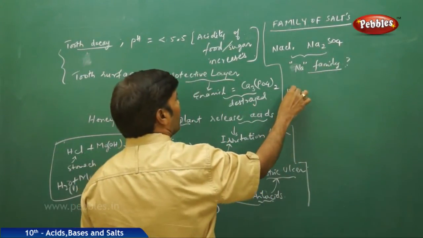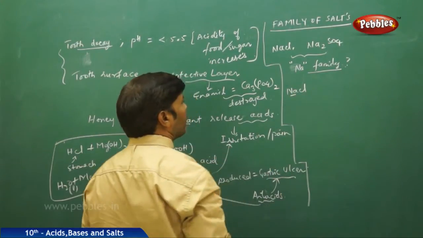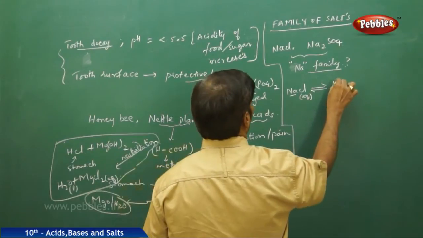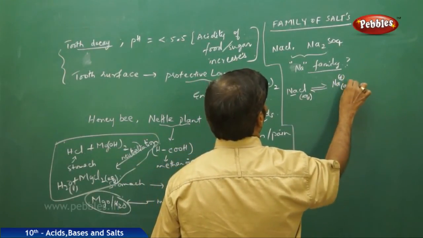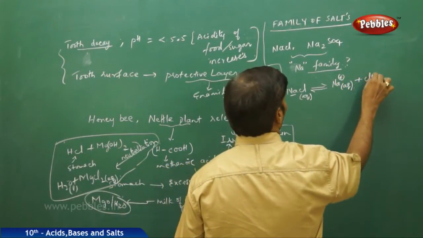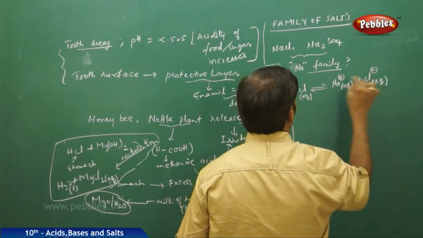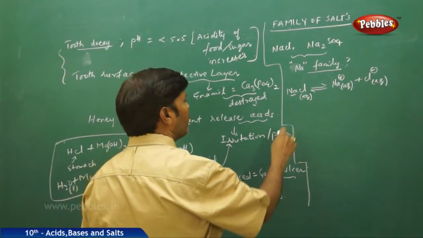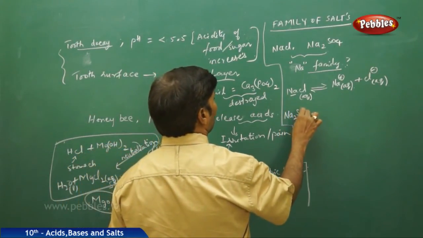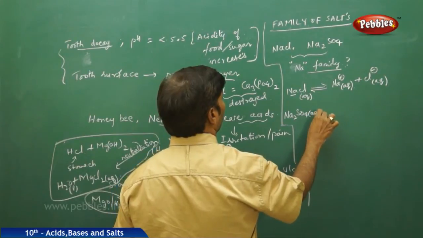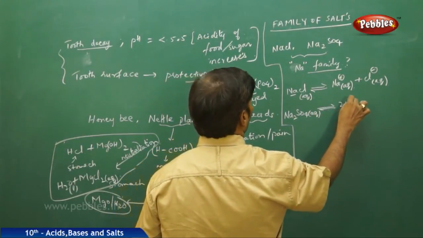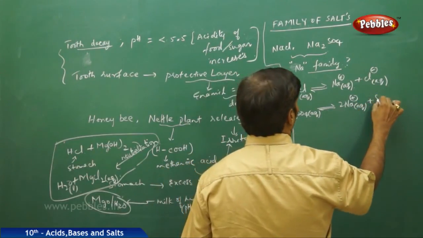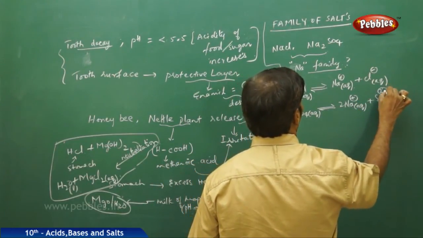Because sodium chloride dissociates in aqueous form to give Na+ (aq) and Cl- (aq). So sodium chloride gives the Na+ ion, the sodium cation. And sodium sulfate in aqueous form also contains sodium ion, giving 2 moles of sodium cations plus 1 sulfate anion.